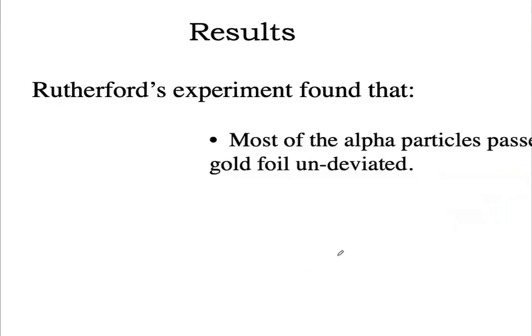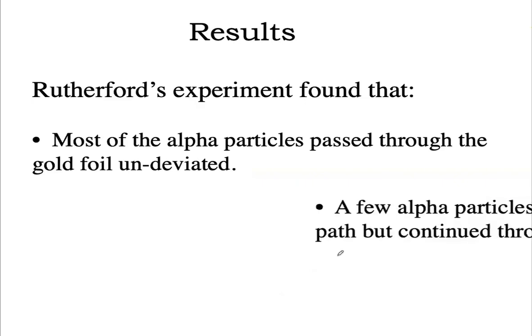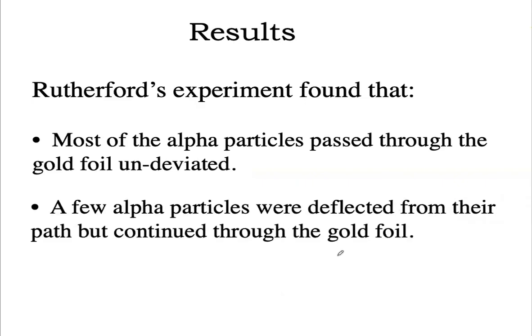So from this experiment, or from these experimental results, he concluded that most of the alpha particles passed through this thin gold foil undeviated. So most of the alpha particles, you can check that they are traveling through this gold foil, and they move in a straight line without any deviation or without any scattering.